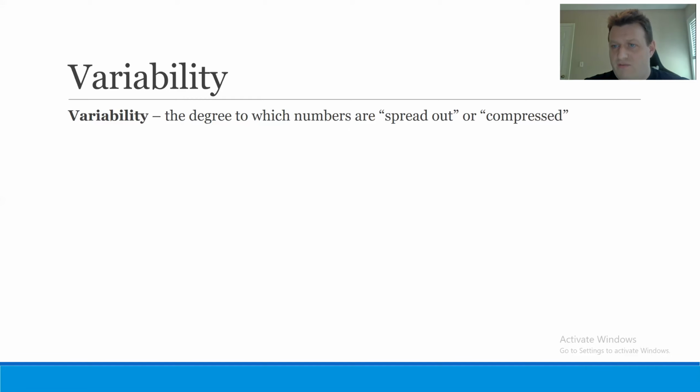For instance, if our scores vary a lot and mean differences between two different conditions, experimental and control conditions, are very small, well then the differences between the two might be due to that natural variability.